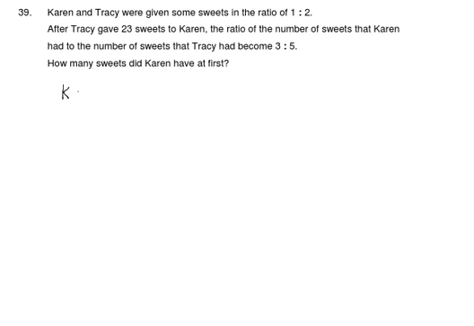Now, next part. After Tracy gave 23 sweets to Karen, the ratio of the number of sweets that Karen had to Tracy became 3:5. So this is a before and this is the after, right?